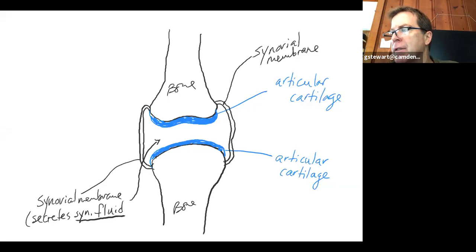Now there's a fibrous capsule on the outside of the synovial membrane. So I'm just going to use a different color. So this fibrous capsule sort of encapsulates the whole thing.